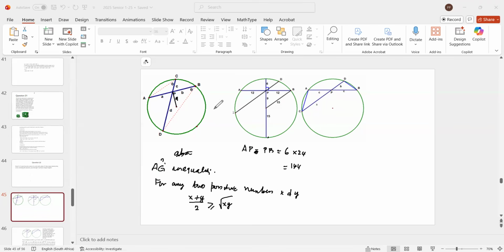So in this case, if I take A and B, the square root of AB is less than or equal to (A plus B) over 2. Therefore, A plus B is greater or equal to 2 times the square root of AB.